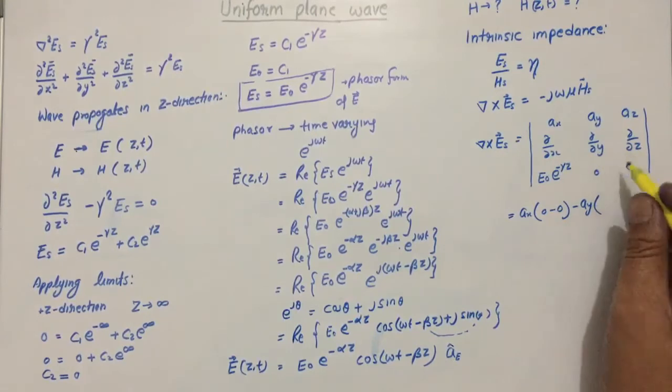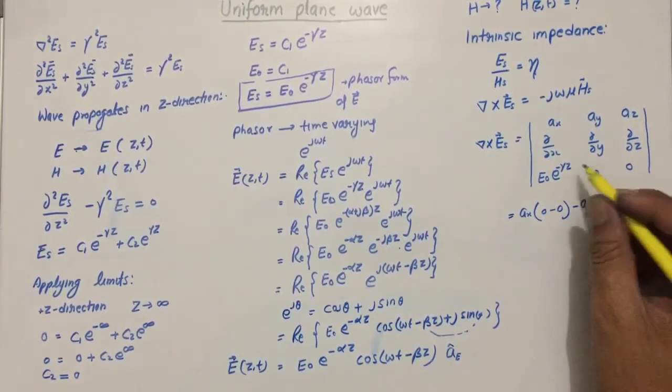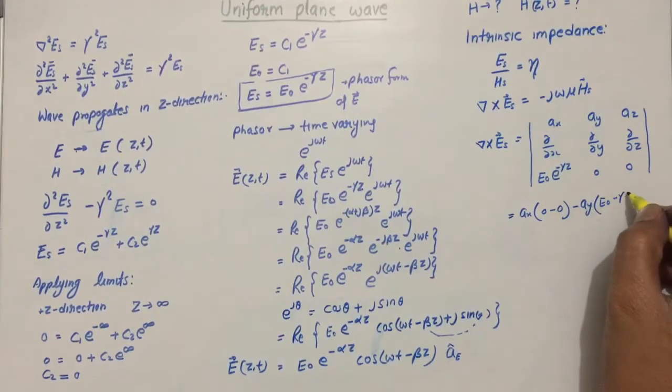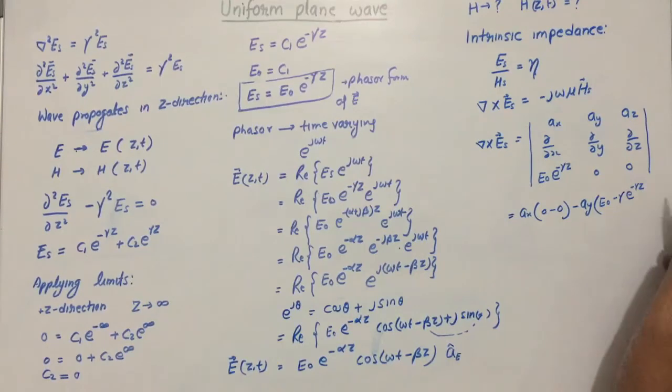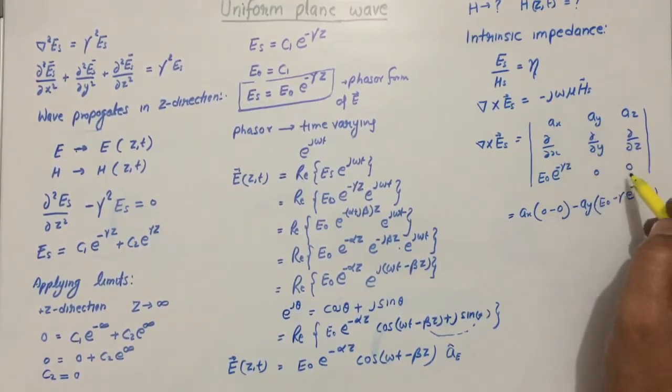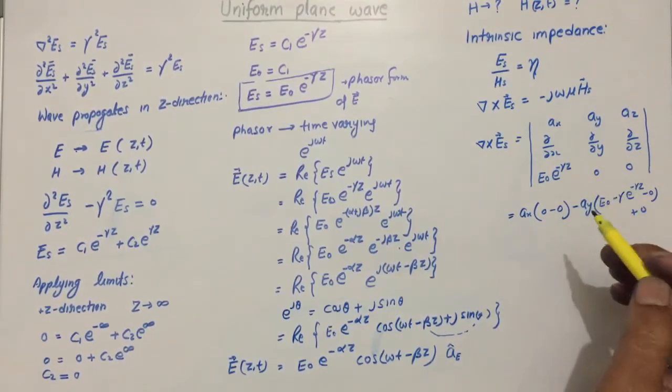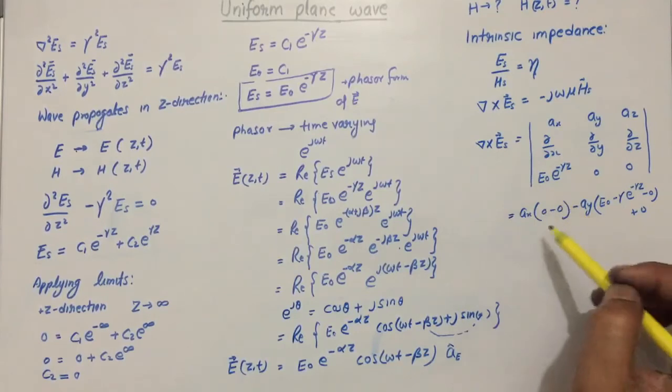So E naught times minus gamma e to the power minus gamma z, and minus 0, and plus 0. So we have the curl of Es like this.